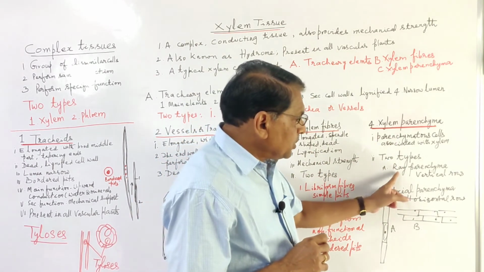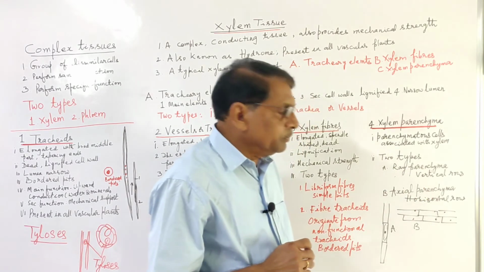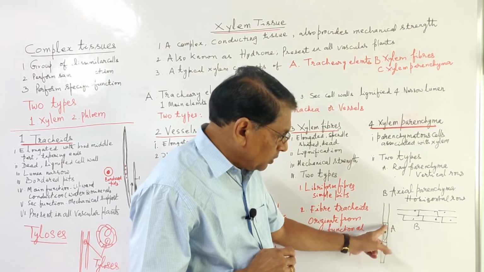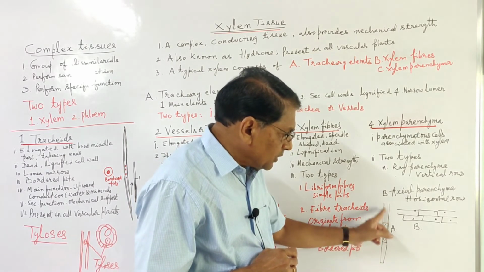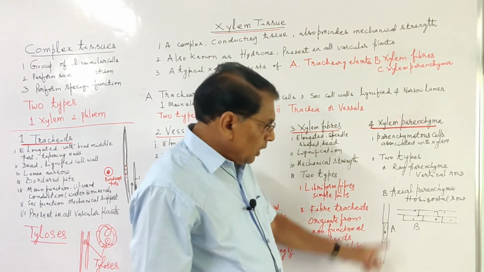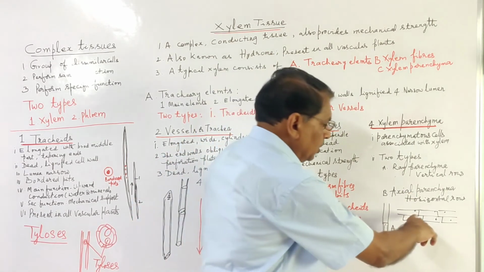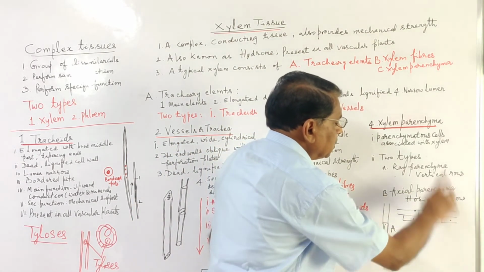The two types, ray parenchyma, like this, one above the other. These are all parenchyma cells. Then another, axial parenchyma, in horizontal rows, one above the other, just like a plate.